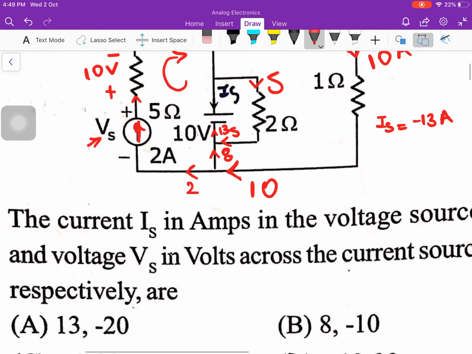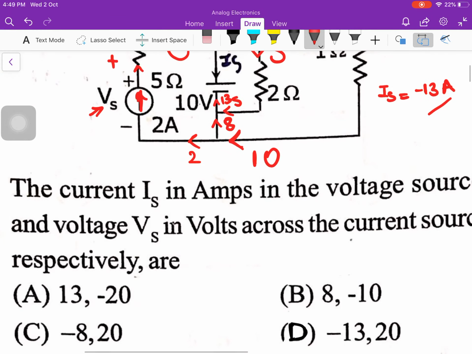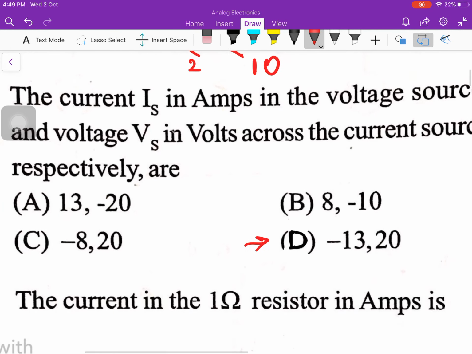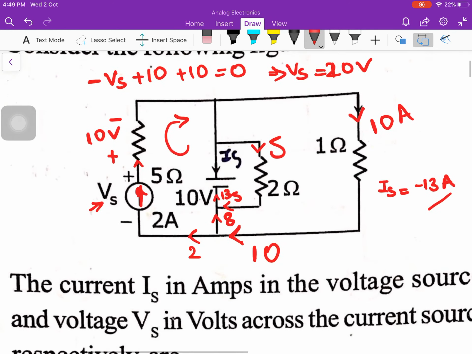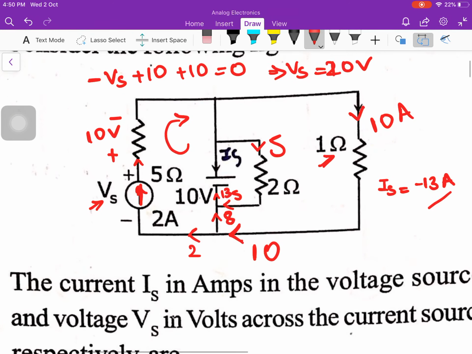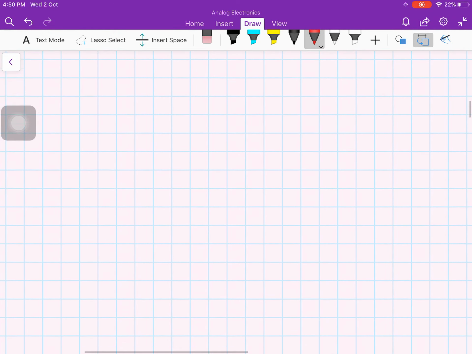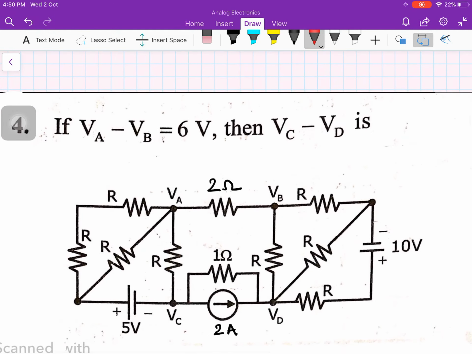So our answer is minus 13 amps and 20 volts, that is option D. And the current in this 1 ohm resistor is 10 amps, so this is the answer. Okay, next question.